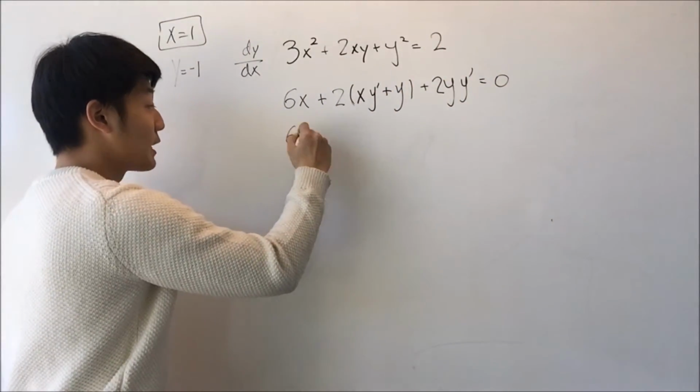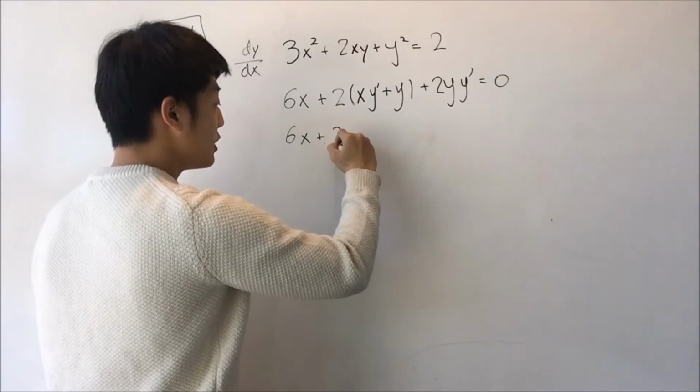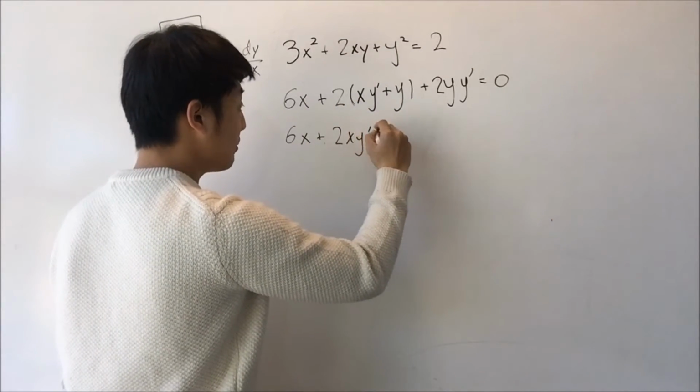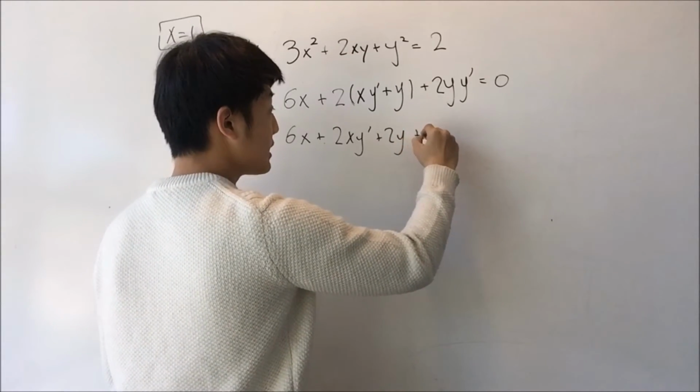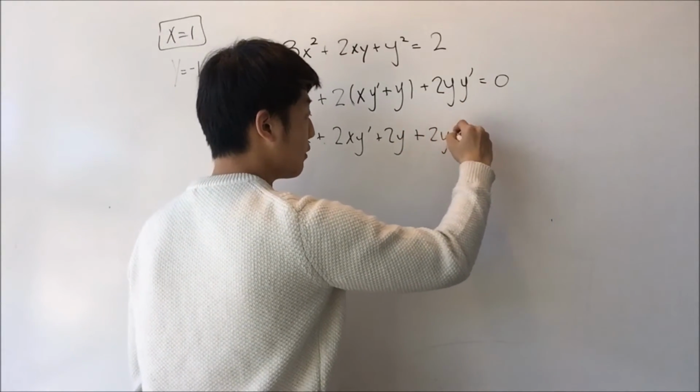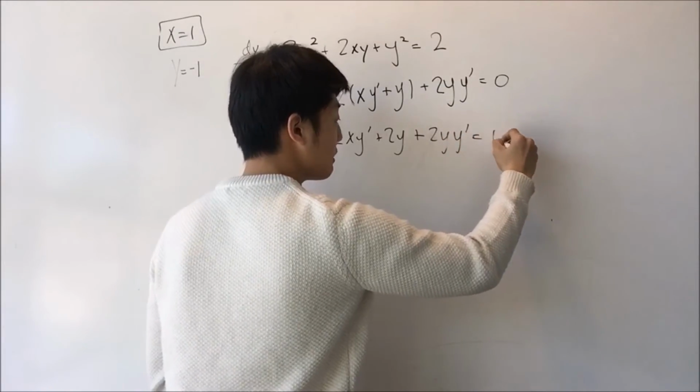When we simplify this equation, it will be 2xy prime plus 2y plus 2y y prime equals 0.